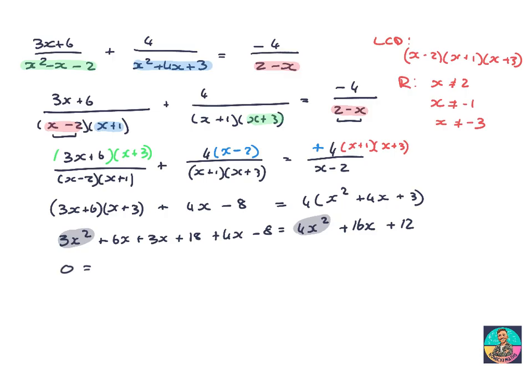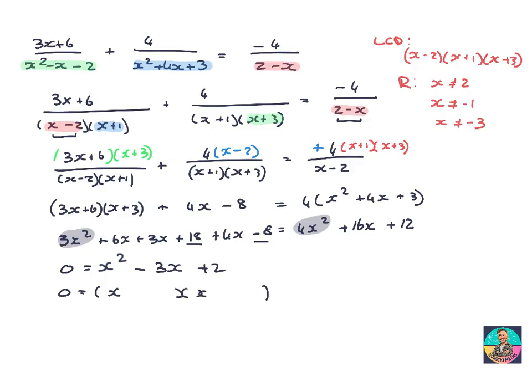And so I get 0 is equal to, now I'm going to shortcut this, so 4x squared minus that just gives me x squared. We're going to say 16x, take all these x's across and subtract them, and that is going to give me a minus 3x. And if I take the 18 and the minus 8 to the other side, that leaves me with a plus 2. Now, quadratic equation, we're going to factorize.